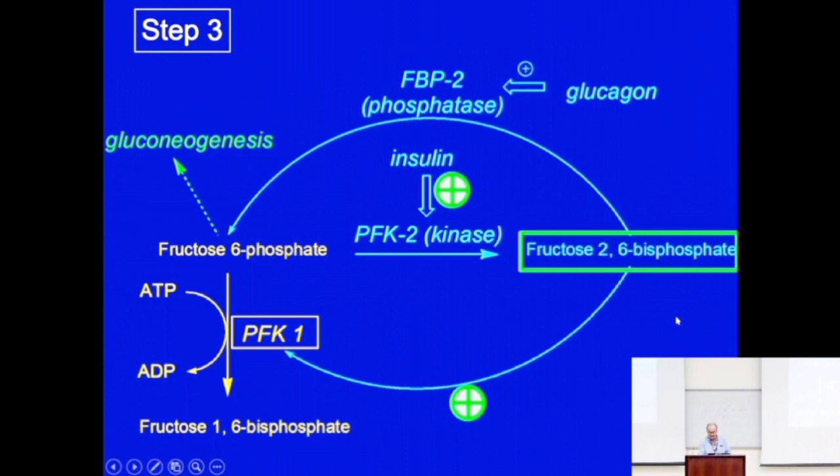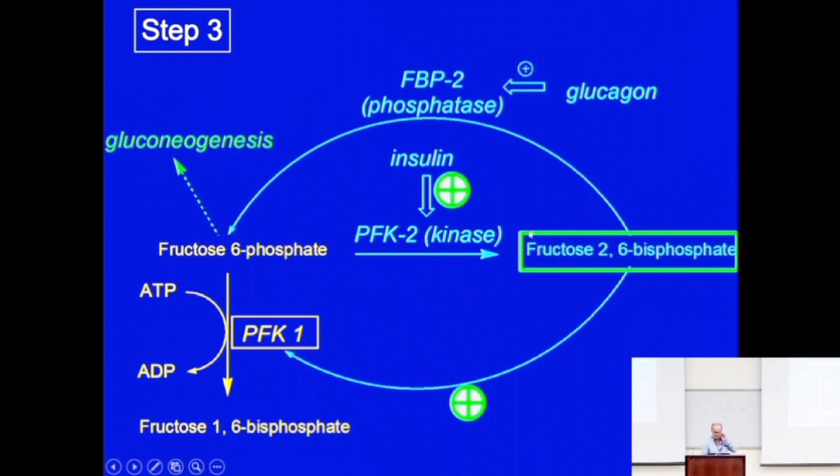It so happens that after a meal, insulin rises. Insulin causes the covalent modification, or specifically the dephosphorylation, of this enzyme. When you dephosphorylate this enzyme, you activate it, and then it can form fructose 2,6-bisphosphate.